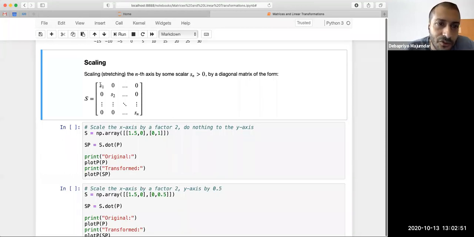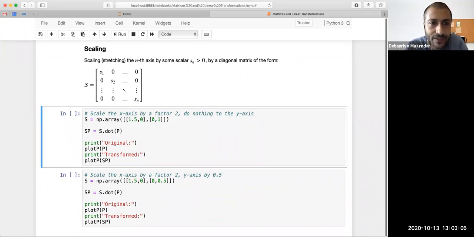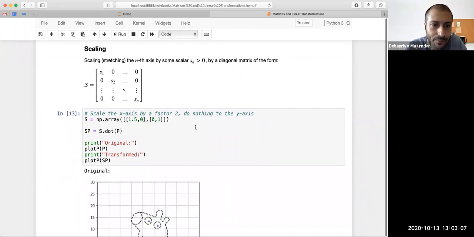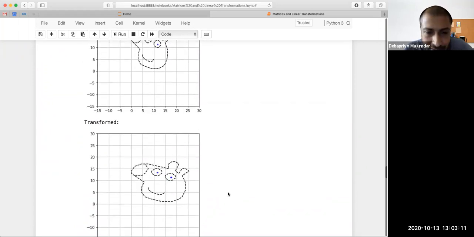In this case, I'm starting with 1.5 0 and 0 1. Which means my x-axis should be stretched by 1.5 times, my y-axis should remain the same. So now my Peppa Pig should just become a bit wider, like a stretched picture.